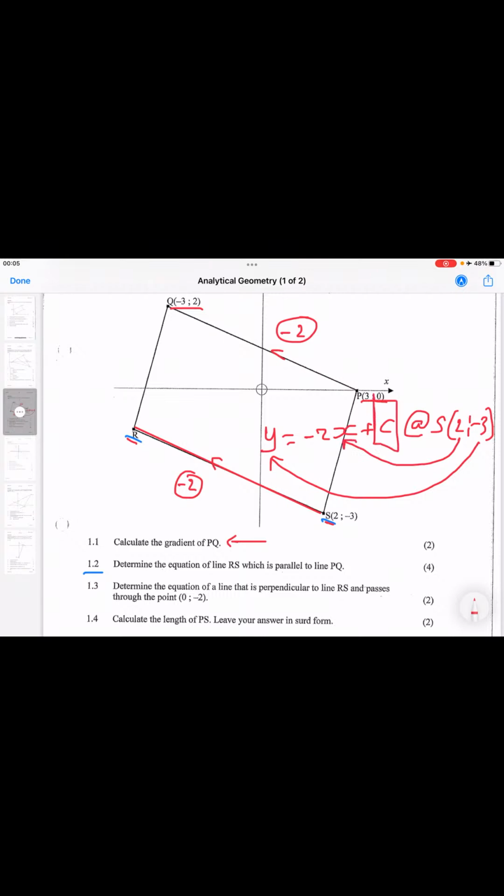Once you calculated the c value, let's say your c is equal to 100, just as an example, that means the equation of that line is going to be y equals -2x plus 100. That's how you score yourself full marks for that question.